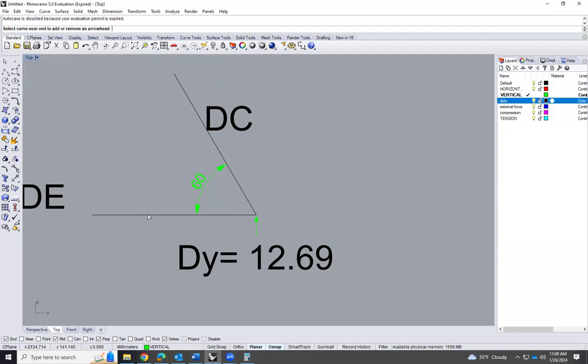Let's have Reno decide. Okay, so in this case, it goes in this direction, and in this case, it goes in that direction. I think it's correct, but it could be the other way around, okay? So we are assuming these two directions. This goes down, and this goes left.